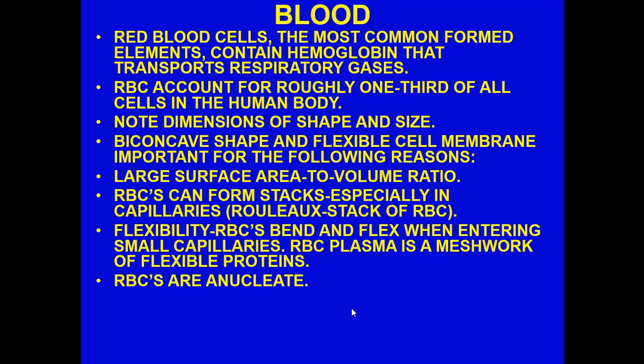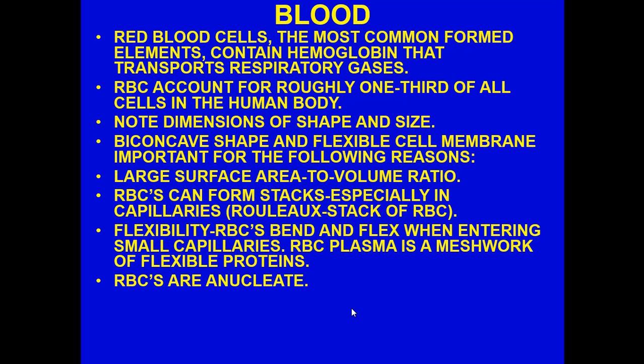They have a large surface area to volume ratio. And the RBCs can form stacks, especially in the capillaries. This is what we call the rouleau, the stack of red blood cells. So if you can picture a very thin capillary, it's almost as if they all stack up and slowly march along, one by one, next to each other, along that entire capillary length.